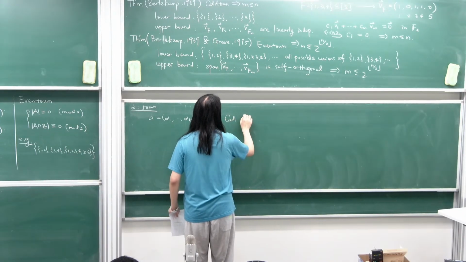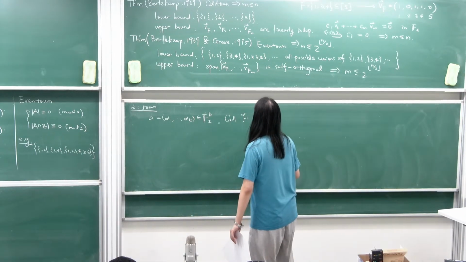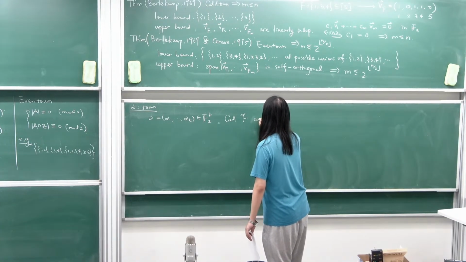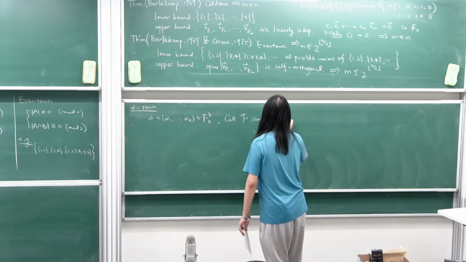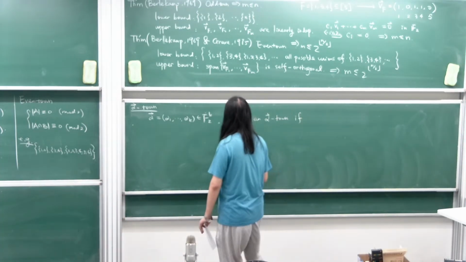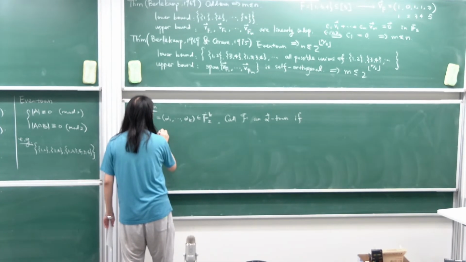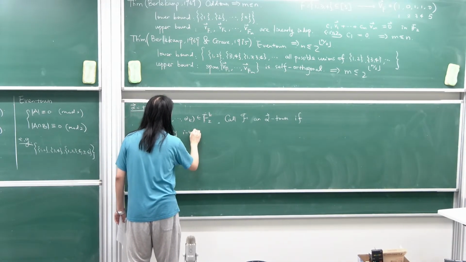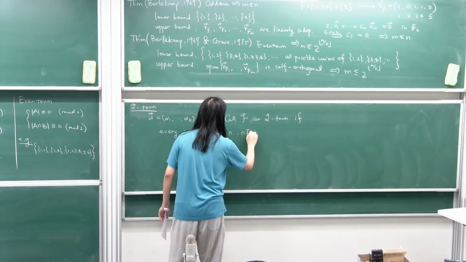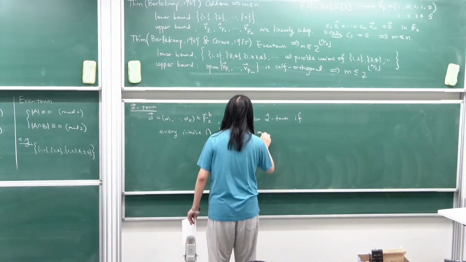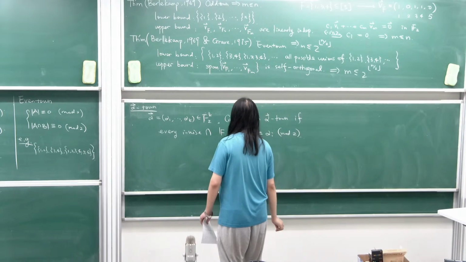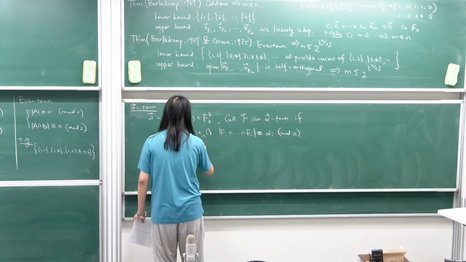And we call the collection of clubs, this curly F, an alpha town if every i-wise intersection is equal to alpha_i mod 2. And of course, I need distinct here.